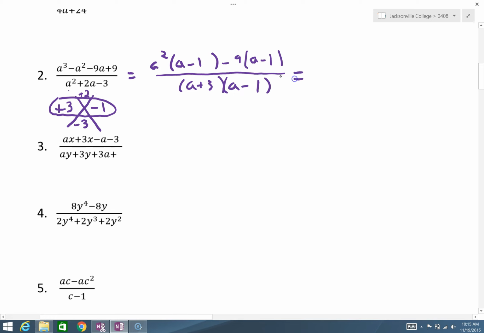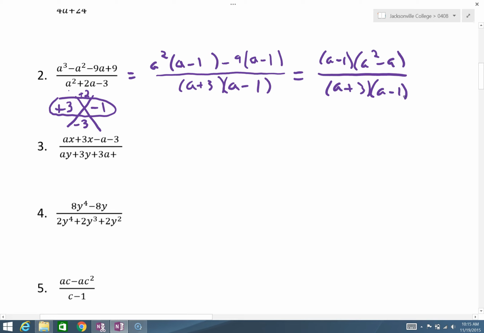Now my numerator, I have this common a minus 1 factor. I can factor it out, and that leaves a squared minus 9. All of this is over a plus 3, a minus 1.